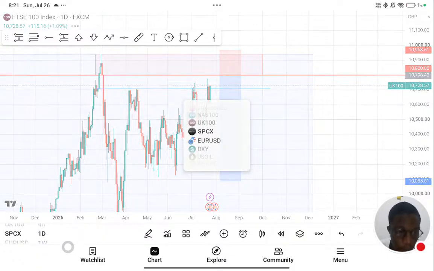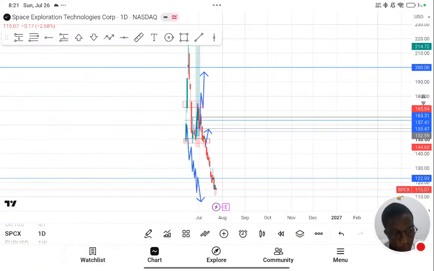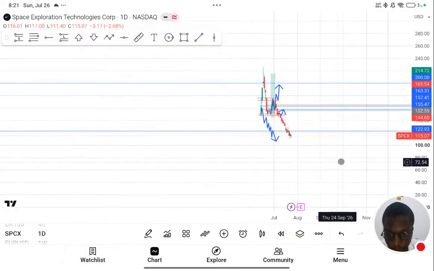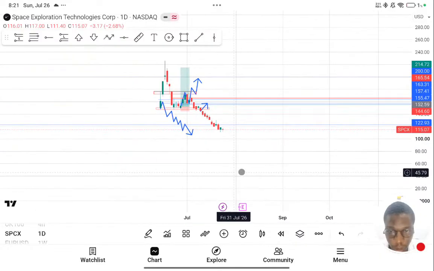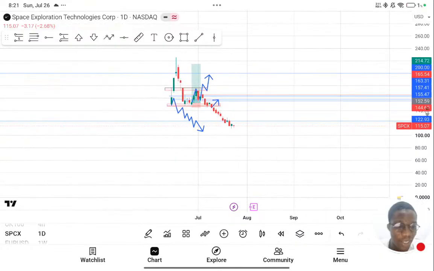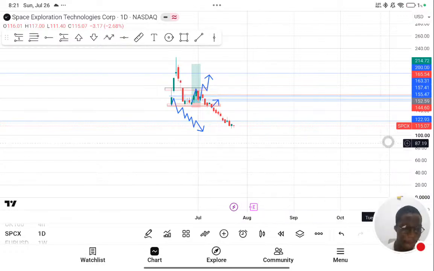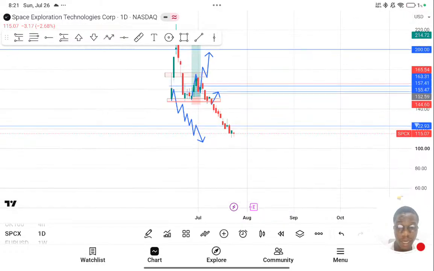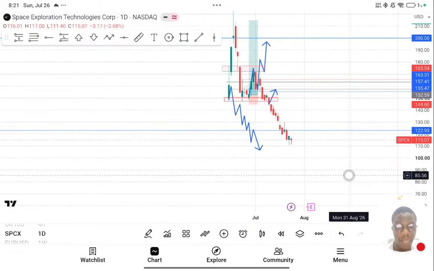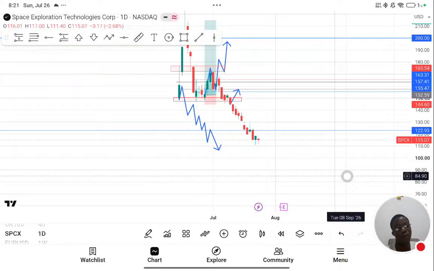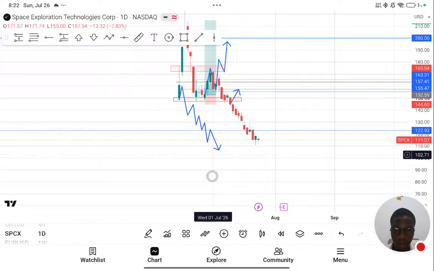Only thing looking bullish is the USD. Then our guy, this is the SpaceX stock, Elon Musk stock that we looked at last week. So look at what's happening. I think Elon Musk has haters that are actively and proactively wanting to not see him a trillionaire.